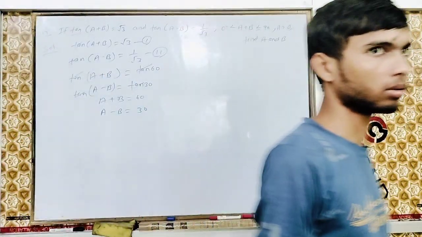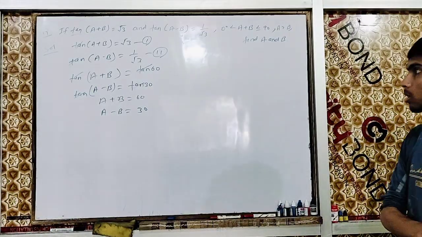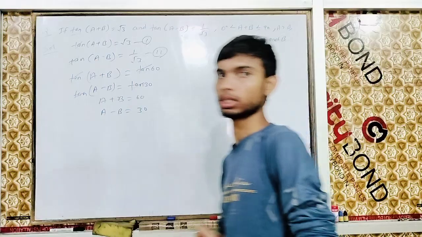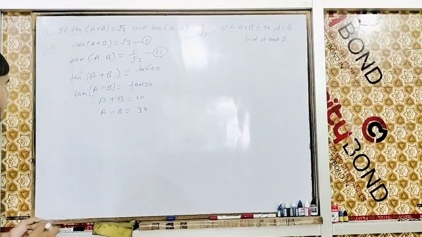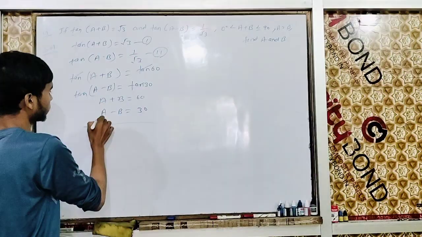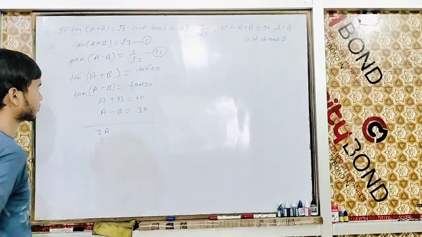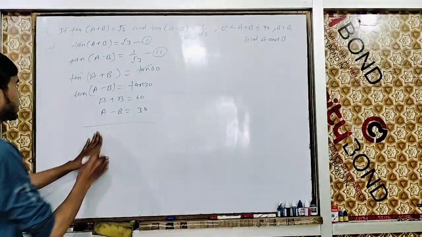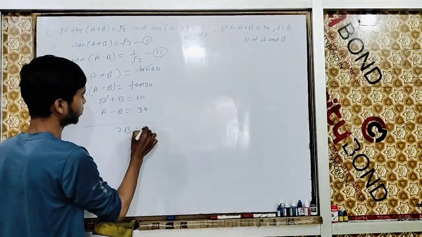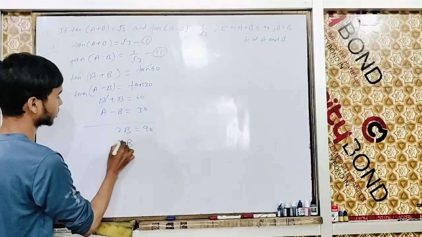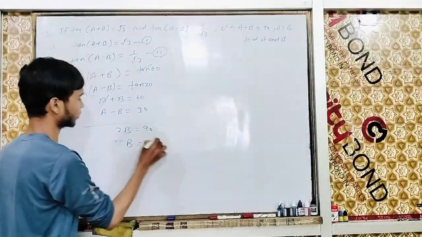This came right now. Here just add both. Then in that case we get 2a, otherwise it will cut, then we have 2b is equal to 90, and b is coming as 45.